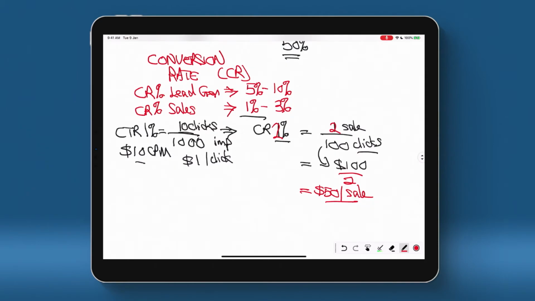That assuming conversion rate improves from 1 to 2%, you're making twice the amount of sales at the same cost, and therefore your cost per sale goes down by 50%. That is the answer you are looking for. If you don't totally get it, no worries. Wait until the video is done and you can review the video at your own time.